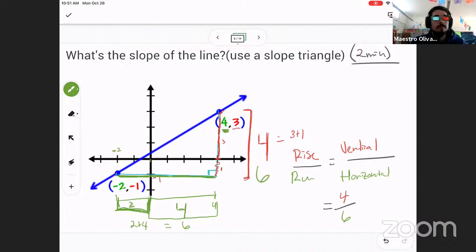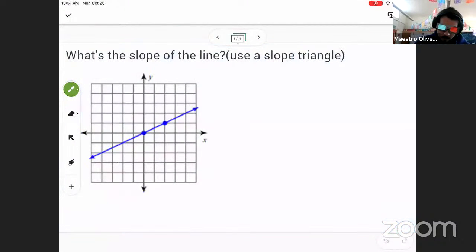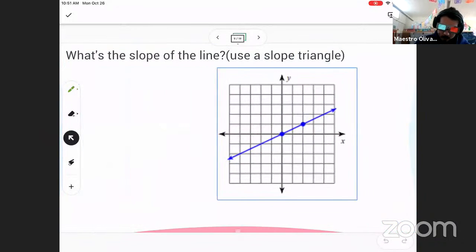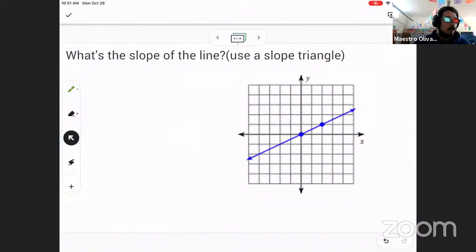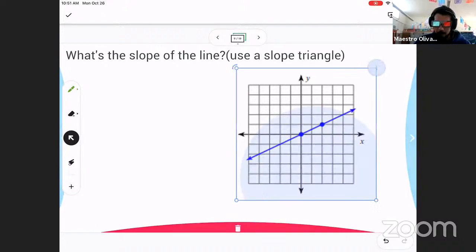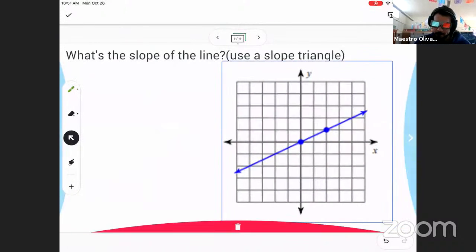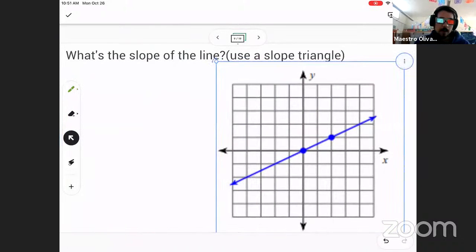Let's do one more. Here, you probably notice, hey, I don't see any numbers. And that's true, you're not always going to have numbers.